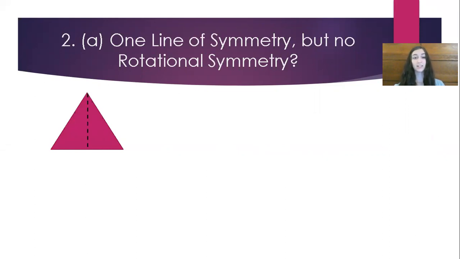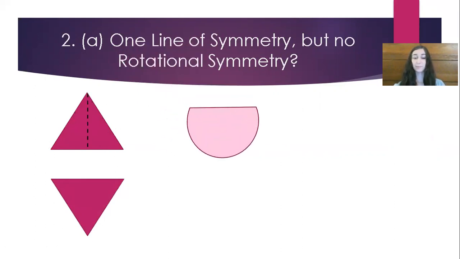So this figure meets the qualifications for one line of symmetry, but when you rotate this figure 180 degrees, so if we take the top of this point and rotate it down here 180 degrees, this is what it will look like. It does not match up perfectly with this one right here. So that's how you know it doesn't have rotational symmetry.